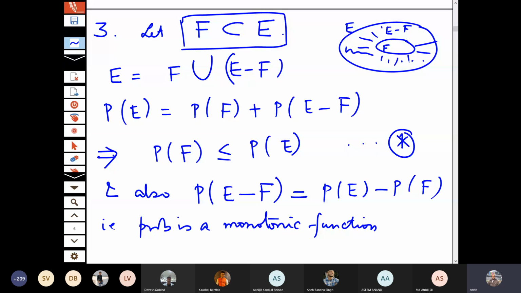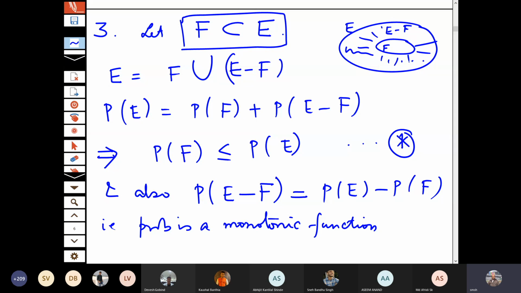See, we are establishing this in terms of the axiomatic definition. However, it has its roots in the classical definition. See, in the classical definition, how do you define the probability? You are looking at the favorable number of outcomes divided by the total number of outcomes. So naturally, if the favorable number of outcomes are more, then the probability will increase. Similarly, if you look at, say, relative frequency definition, if the number of trials in which the required event occurs is more, then the probability will be higher.